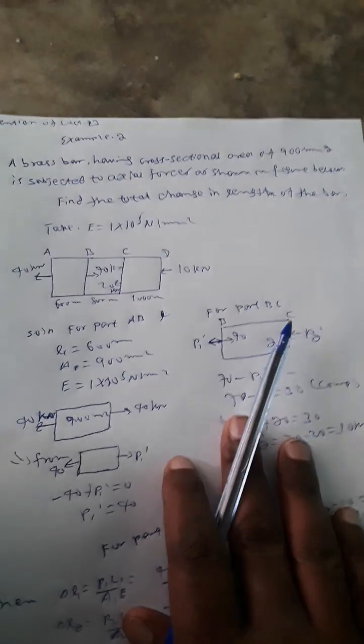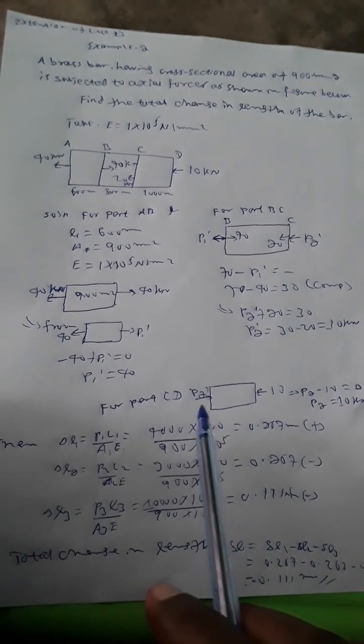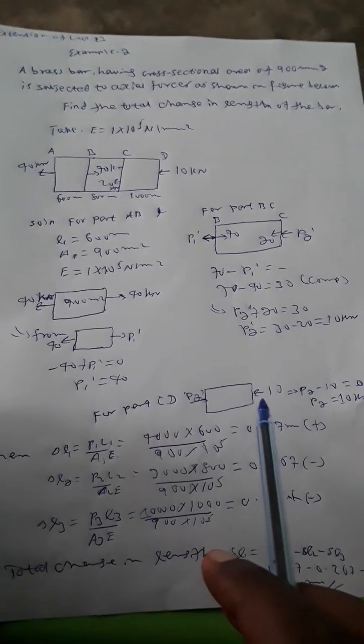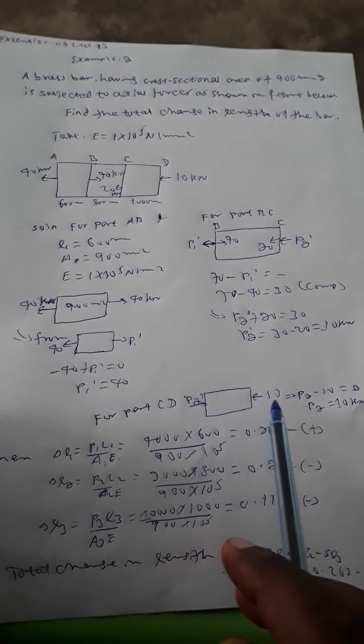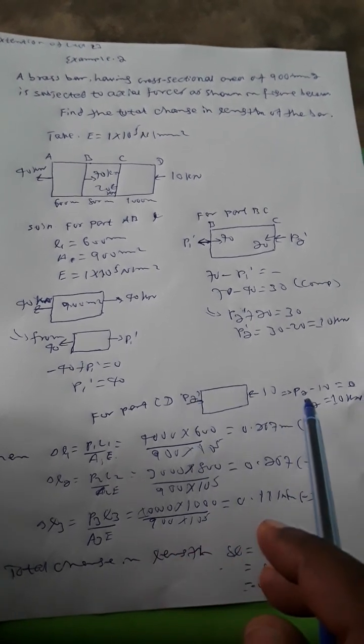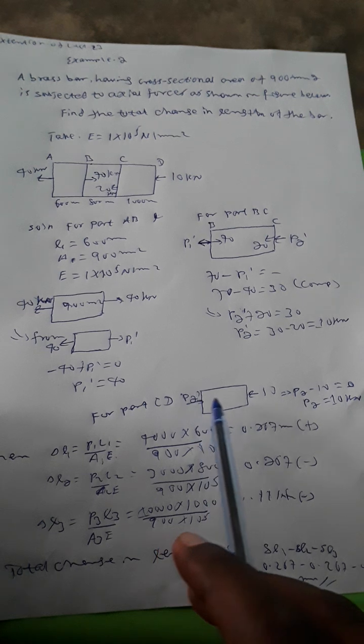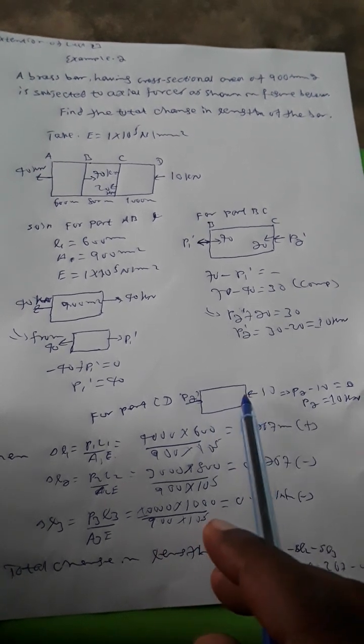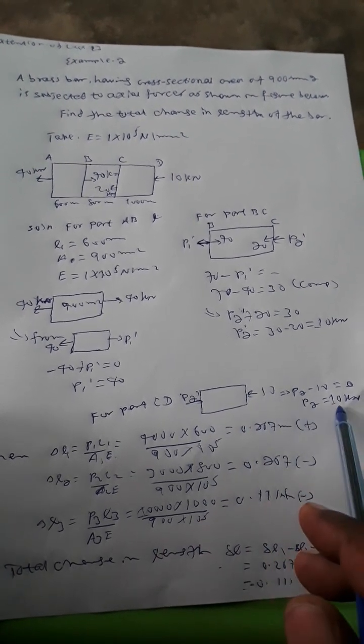Then for part CD, to keep in equilibrium, 10 minus 20 minus P2 in the negative direction is equal to 0. P2 is equal to 10 kilonewton.